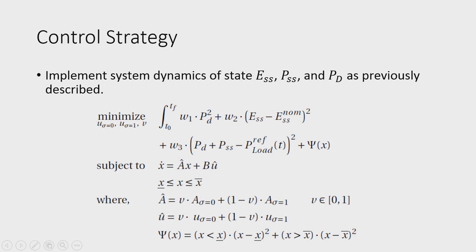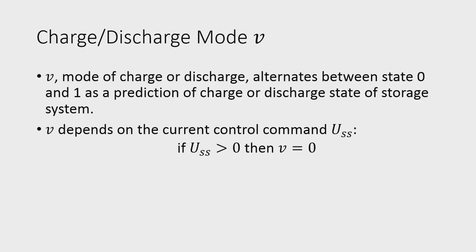The V variable is used to alternate between the states of charging and discharging of the storage system. The logic of V, which is the prediction of charge or discharge, is determined by the USS, which is the current control command. So when the USS is greater than 0, we're going to assume that the storage system is discharging.